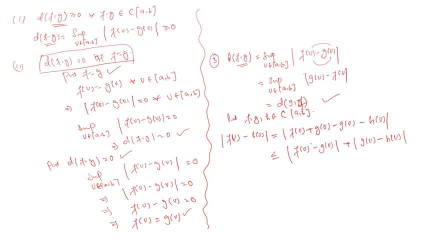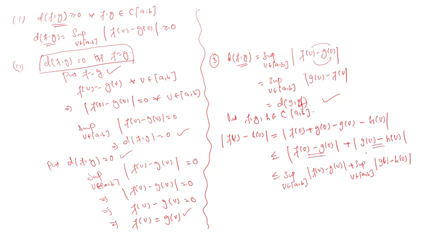Now देखिए यहां पर हमारे पास ये स्टेटमेंट है, ये स्टेटमेंट खुद less and equal to होगी the supremum of u belonging to a comma b mod of f of u minus g of u plus supremum of u belonging to a comma b mod of g of u minus h of u. Why?